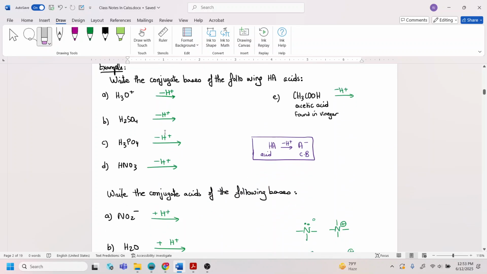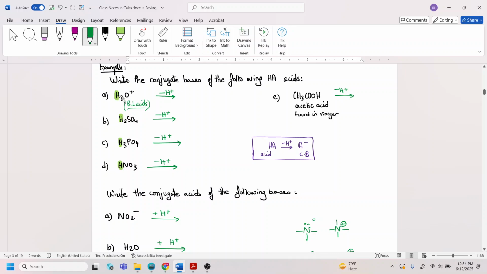So let's say, for example, I give you a series of compounds. All of these you can easily see start with a hydrogen, right? If they start with a hydrogen, then I'm starting with an acid. This is the definition of Bronsted and Lowry acids, same thing as Arrhenius acids.